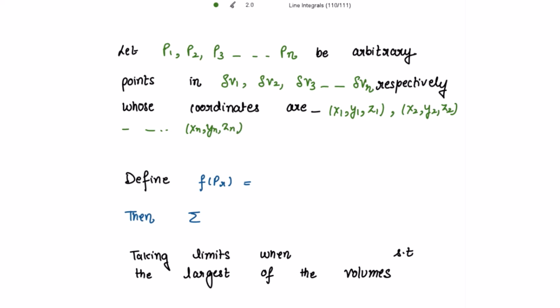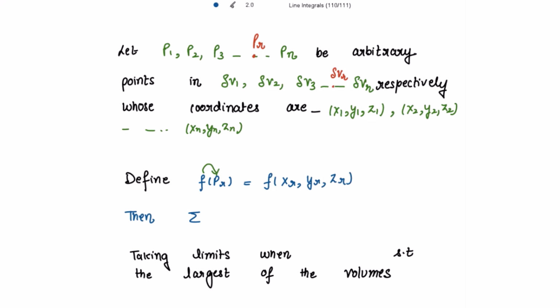Let's define the function f depending upon the point Pr, any arbitrary point Pr. Let's take this point to be Pr in the volume delta Vr. So we are defining f to be equal to f of the point Pr, which is xr, yr, zr.